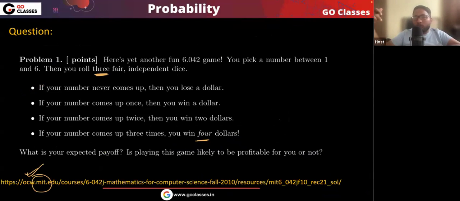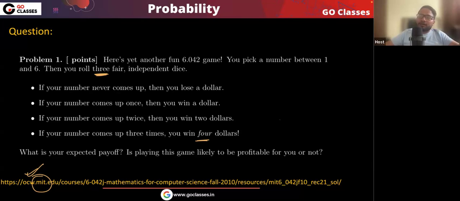So intuitively it seems like on average you will be winning, because you are losing just in one case and in all the other cases you are winning. But our mathematical calculation is showing us that on average, you will actually be losing, right?